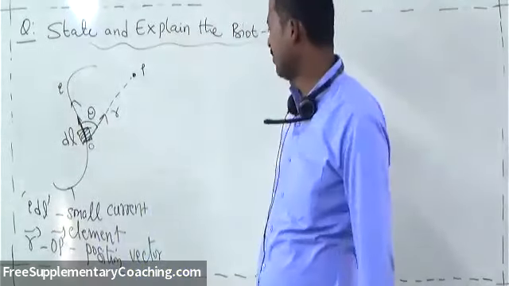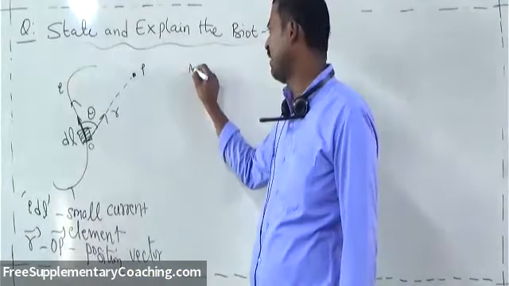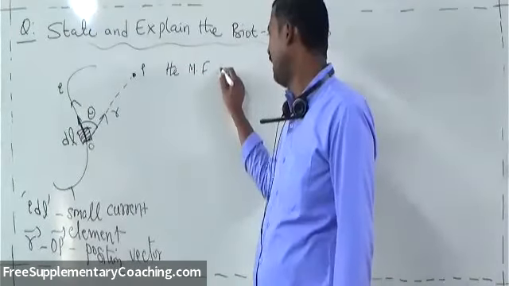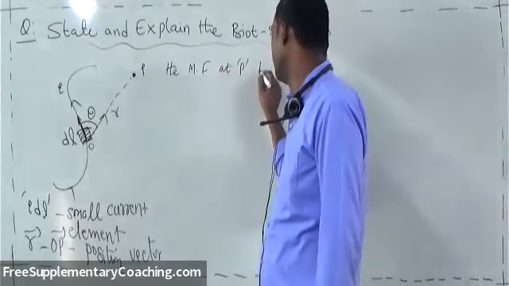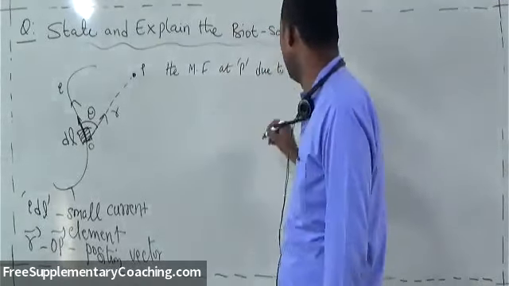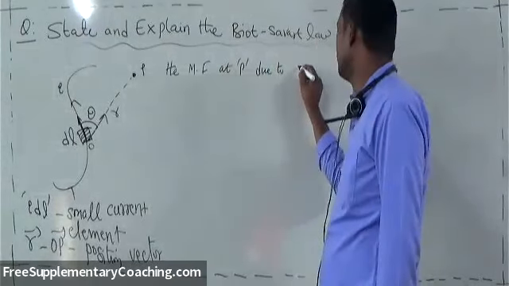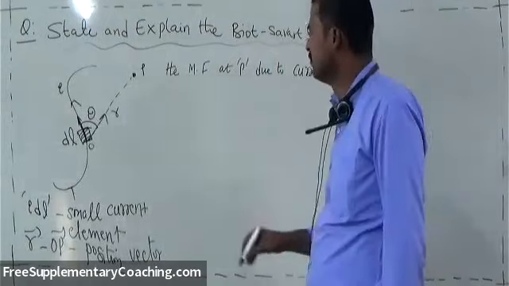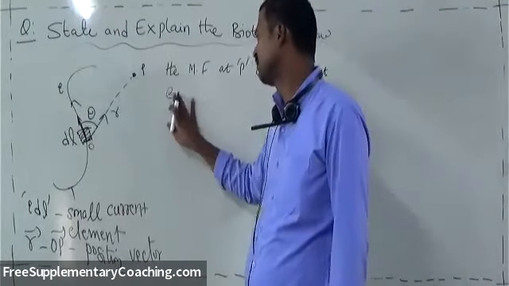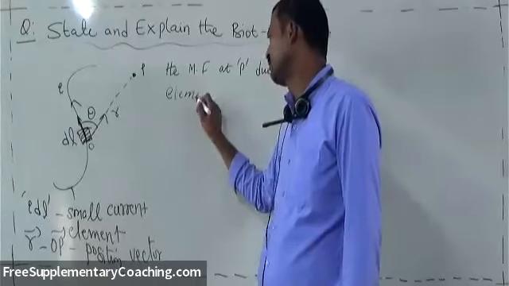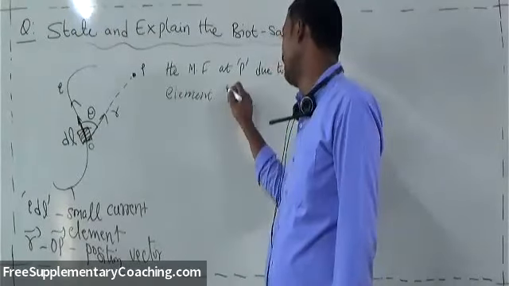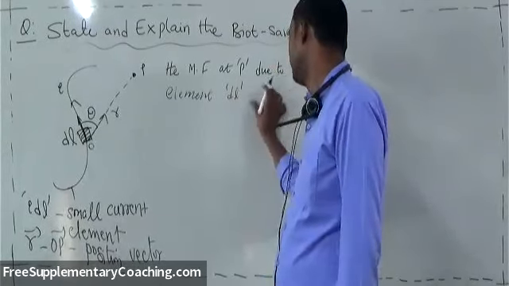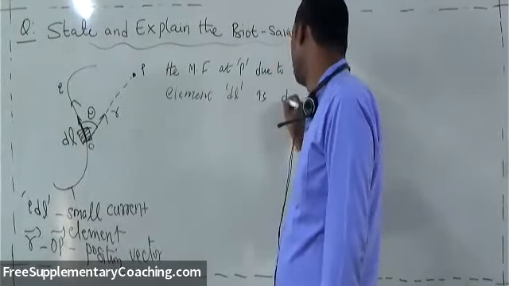So as per this statement we can write the magnetic field at P due to current element dl is dB.